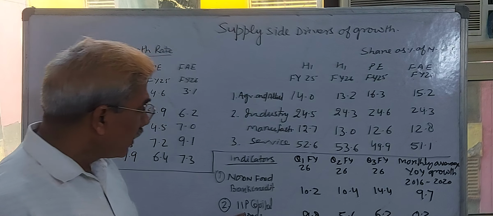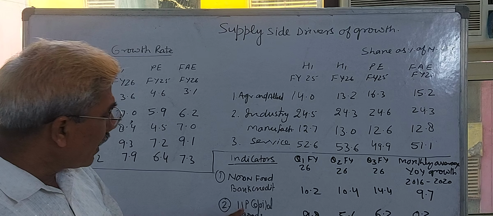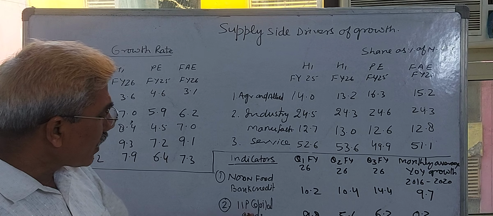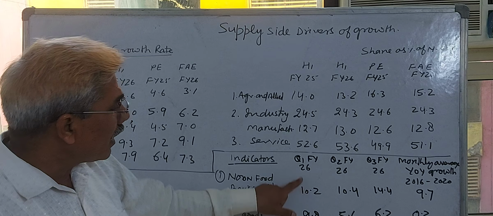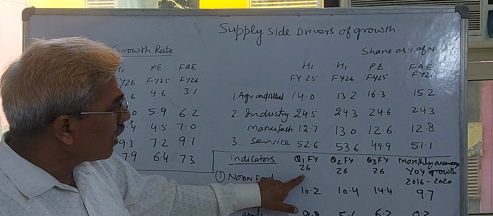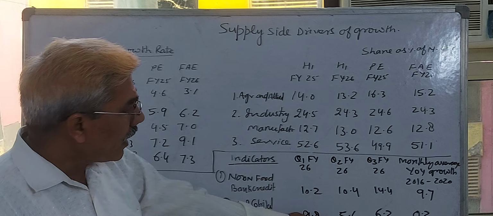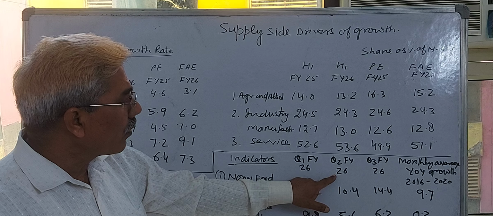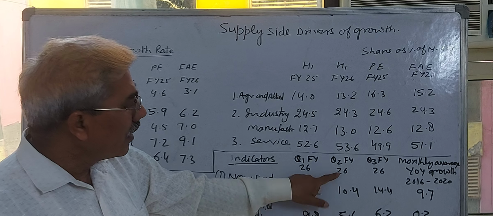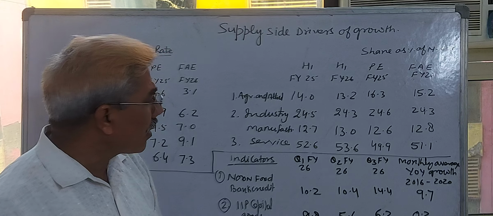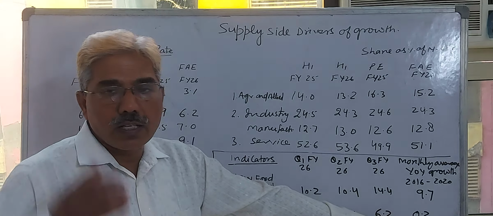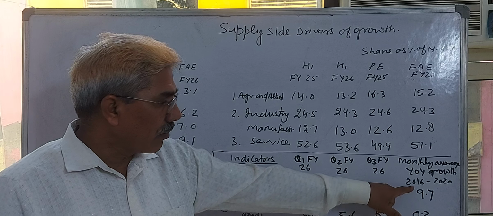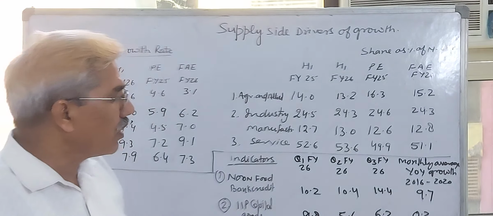What does it show? Our index of industrial production for capital goods increased by 9.8% during quarter 1 of the 2026 financial year, 5.6% in quarter 2, and 6.2% during quarter 3, whereas it was very low during 2016 to 2020, only 0.2% per year.